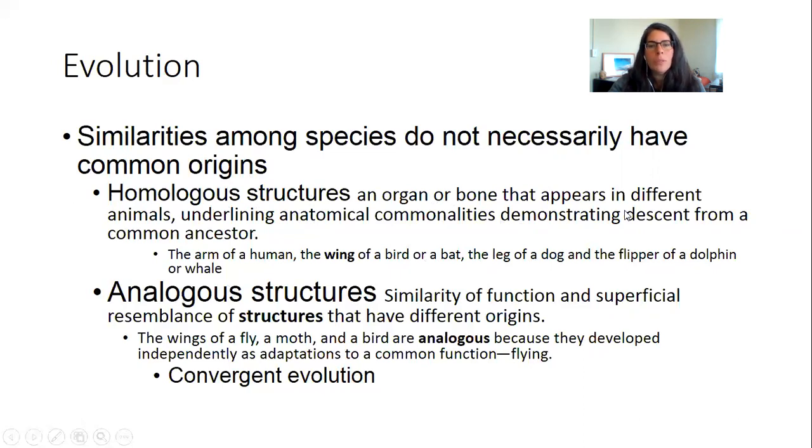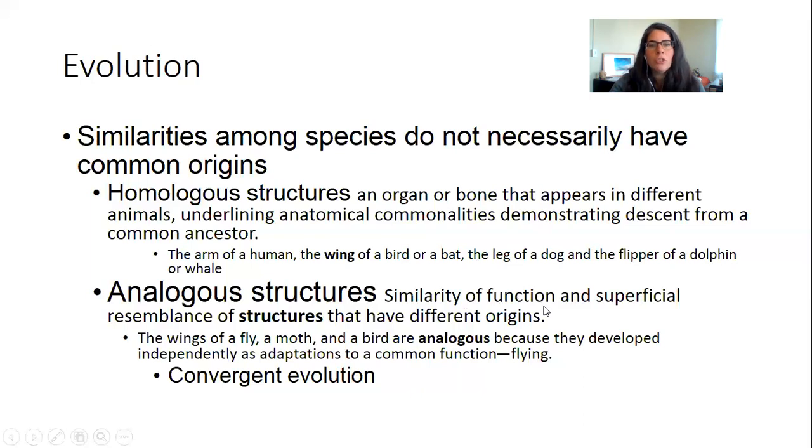These are bones that appear in different animals, but the underlying anatomical commonalities demonstrate that they descend from a common ancestor. Whereas analogous structures, they're similar in function.